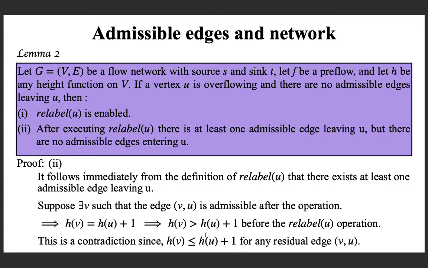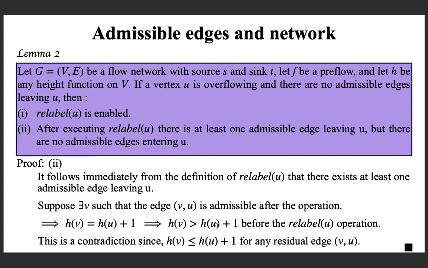So we get that contradiction, and hence we proved that if U is an overflowing vertex and there are no admissible edges leaving U, then relabel must be enabled on that vertex.